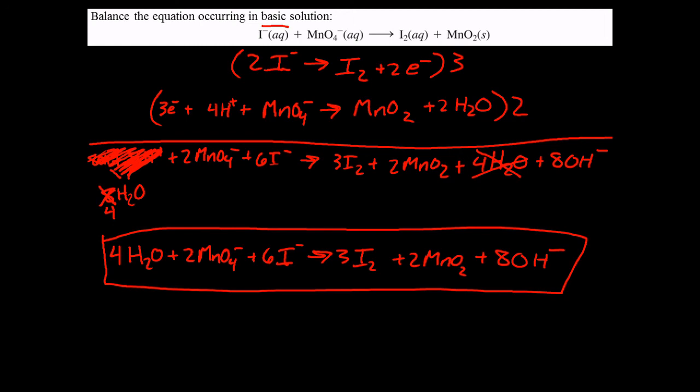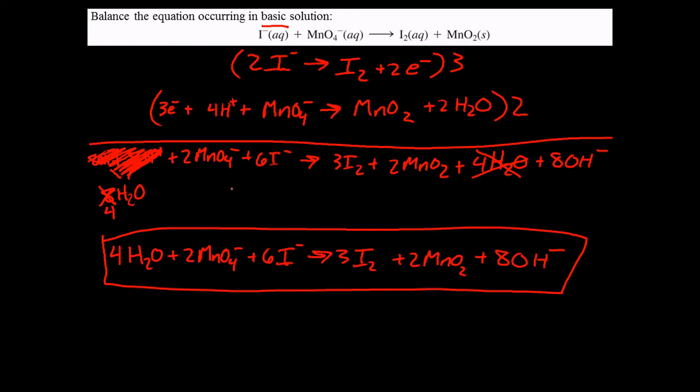One quick note here. You might notice how we started, before we did the switch to basic here, we had 4 waters on the left, 4 waters on the right, 8 H plus on the left, and we ended with essentially those flipped and replaced.